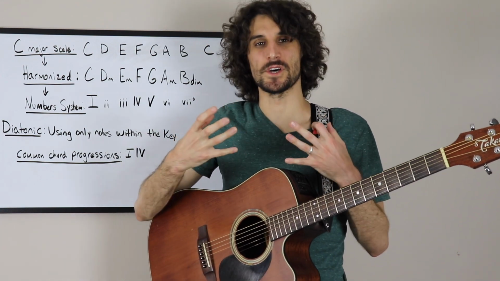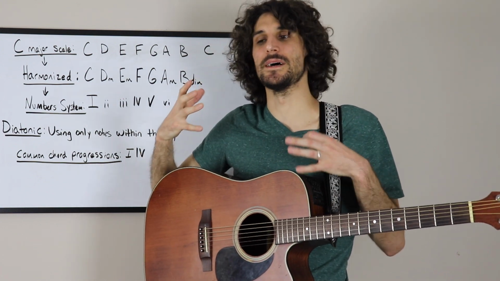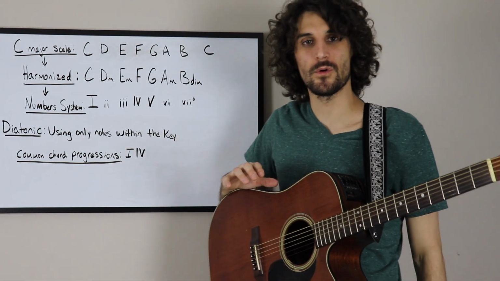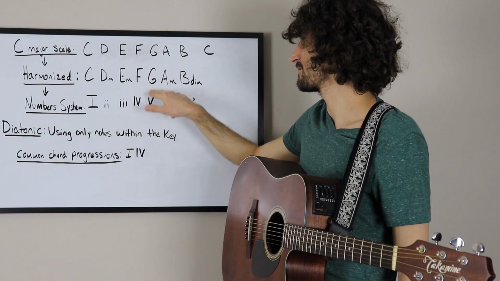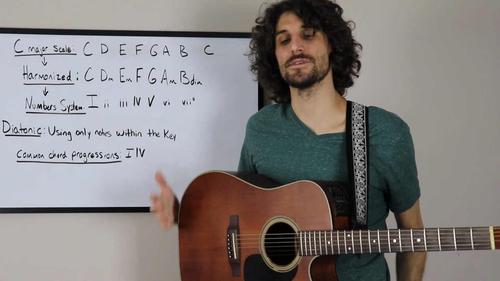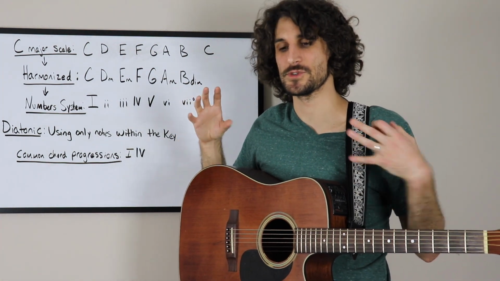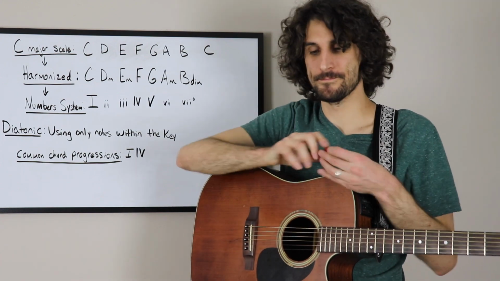It doesn't feel resolved. It feels like we're going someplace, but we're not at home yet. And that's because we haven't played the 1 chord. We are playing the 4 chord F and the 5 chord G. So it feels tense. It feels like we're going somewhere, but we don't know when this trip is going to end. So that's where that feeling of tension comes from.